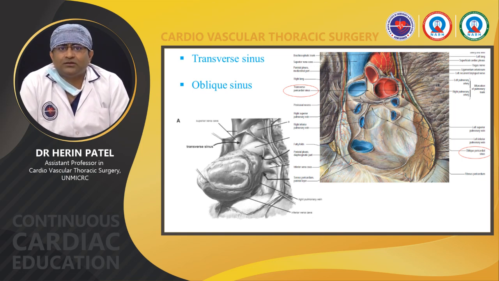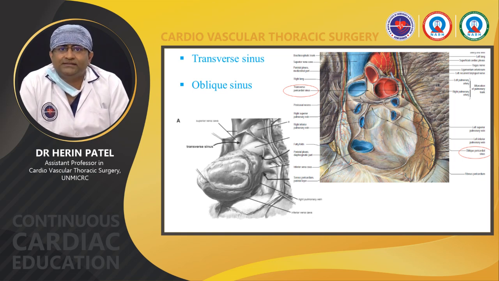The transverse sinus is also entered while doing a PA band surgery, when there is an increase or excessive blood flow to the pulmonary trunk and we need to limit the pulmonary blood flow, where we do PA banding.